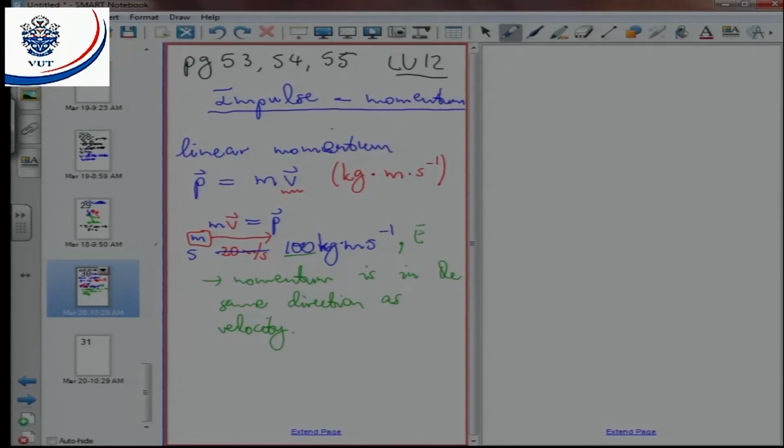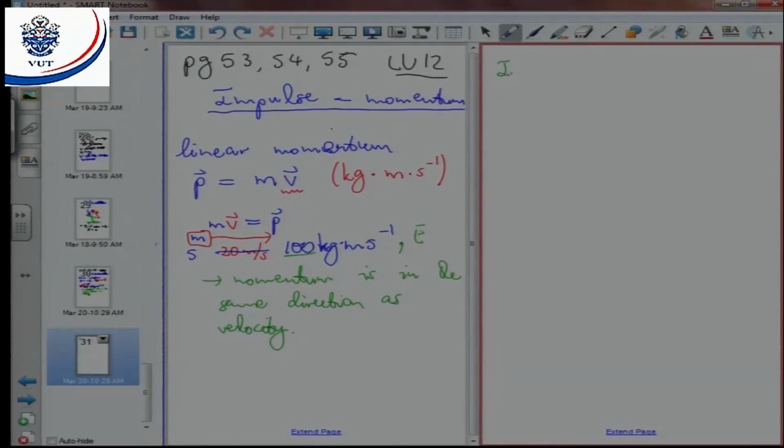By definition, impulse is given by the force acting on an object times the time, so how much time the force is in contact with an object. These are mainly forces to stop an object from moving or to accelerate an object.